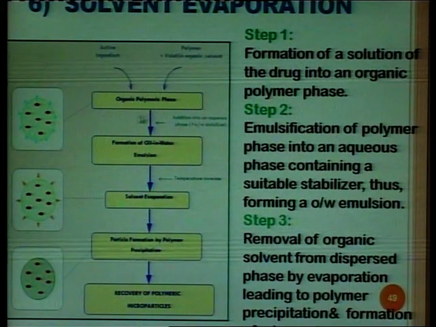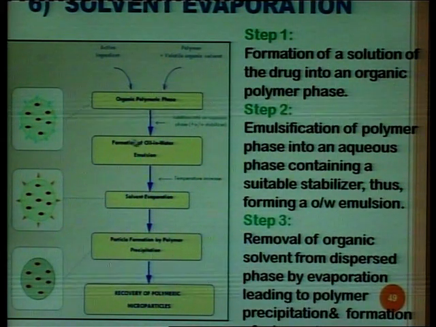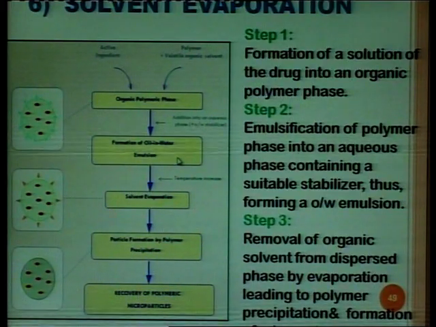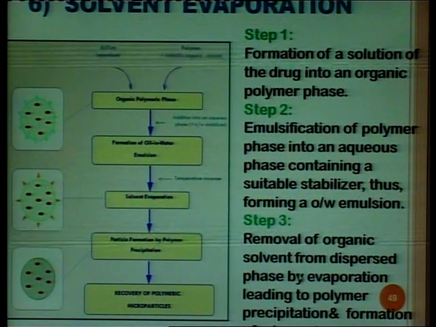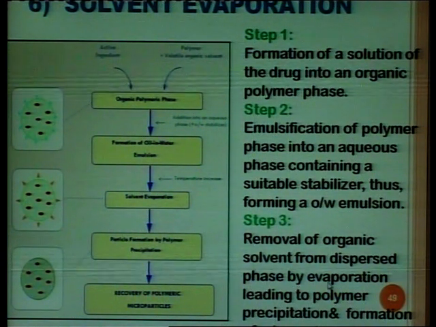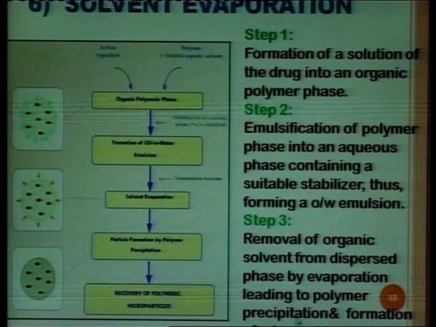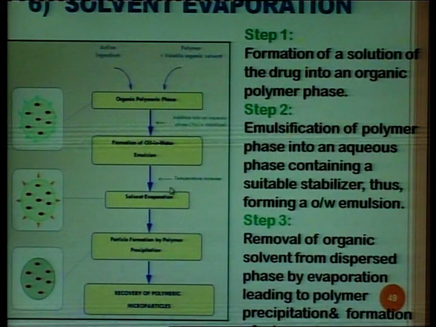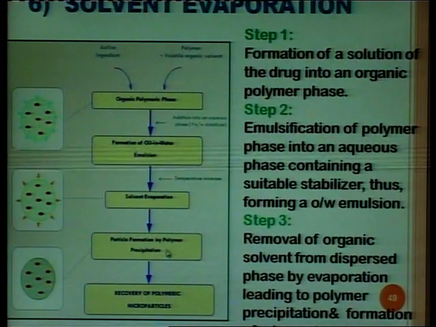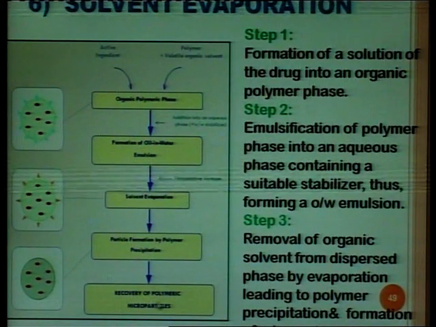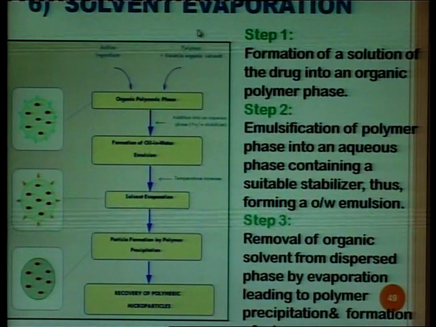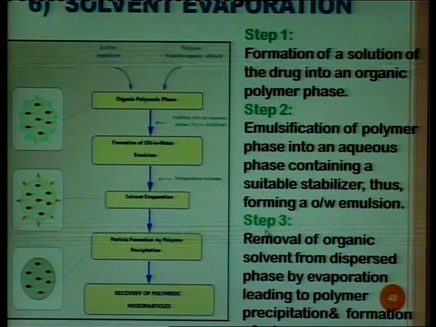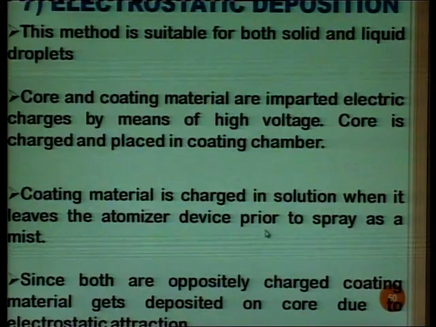So, first you form the organic polymer phase, then add the emulsifier, and the oil in water emulsion is formed. The third step is removal of organic solvent from the dispersed phase by evaporation leading to polymer precipitation. In this step solvent evaporation and polymer precipitation are done, and finally these are the microspheres you form. This is the formation of microcapsules by the solvent evaporation technique.